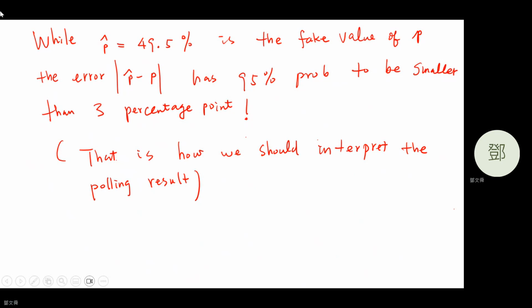So that's the end of chapter 7. We now finish chapter 7, but we are not going to proceed to chapter 8 directly.